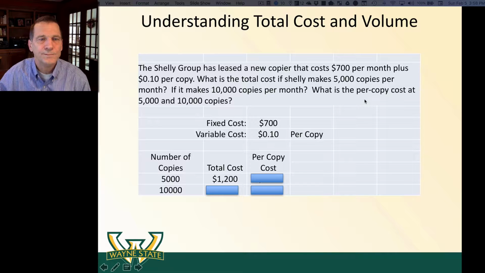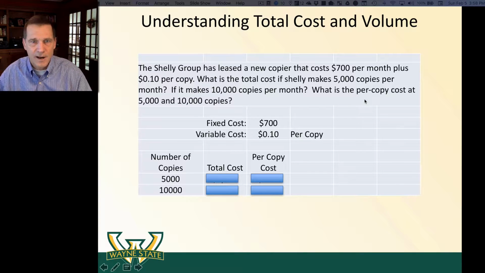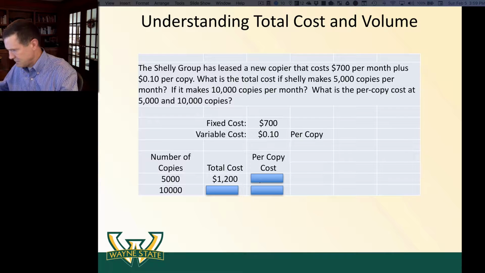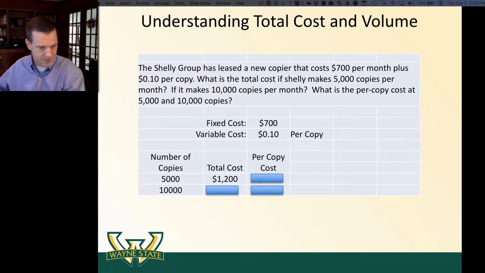Well, all we need to do is look at our fixed cost, and then add to that the variable cost times the volume. It couldn't be simpler, right? So 700 plus 5,000 times, excuse me, there's my calculator. There it is. So the calculation would be simply 10 cents times 5,000, which is 500.